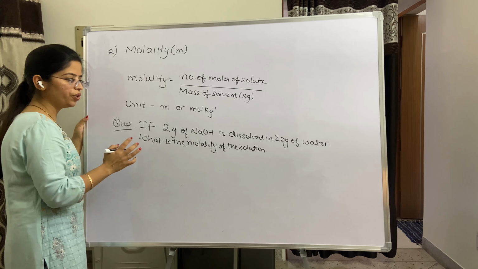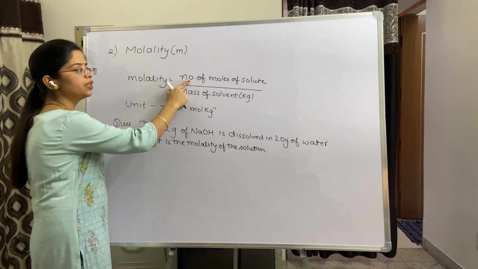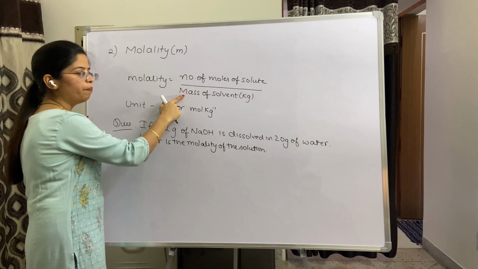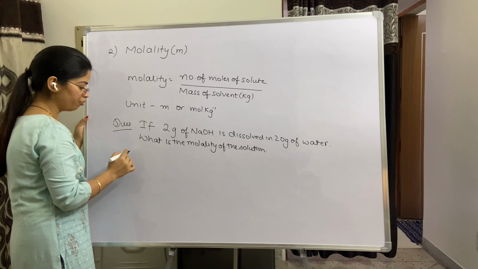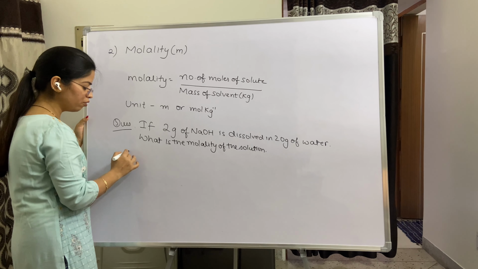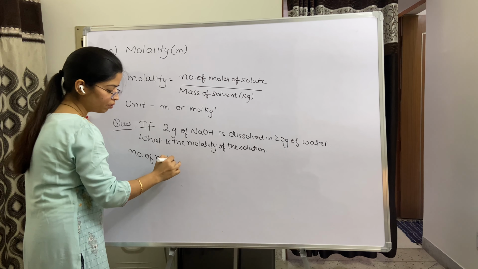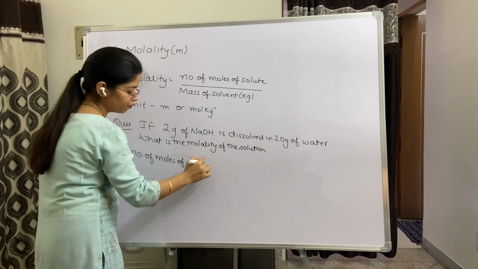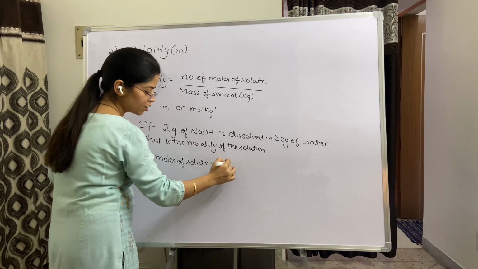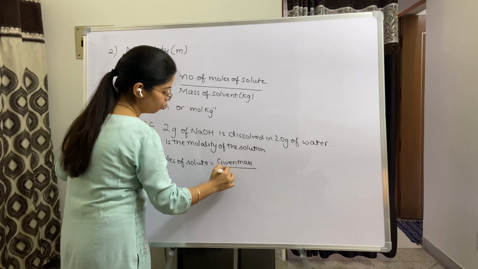First we will have to calculate the number of moles, because molality is basically the number of moles per kg of solvent. Number of moles of solute is equal to given mass by molar mass.